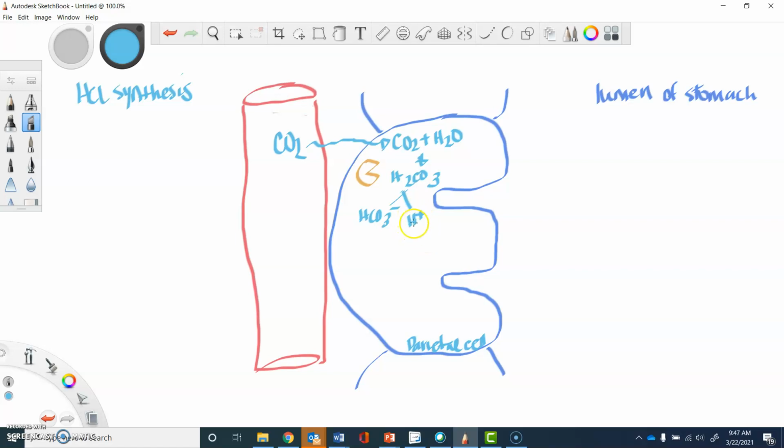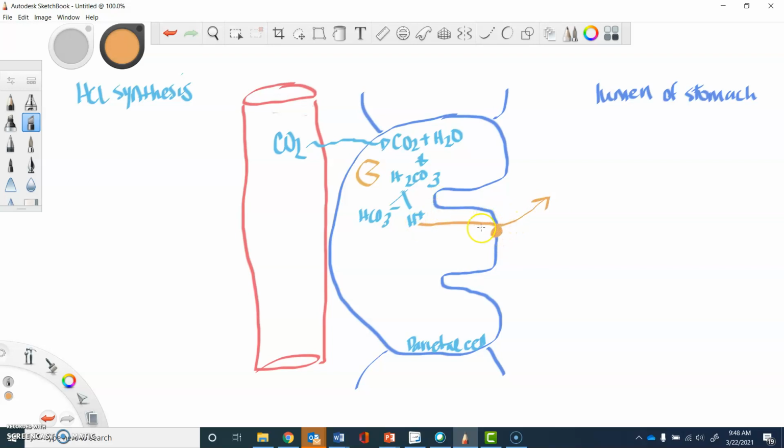Okay, so we need to get the hydrogens into the lumen of the stomach, and we have a carrier protein or a transporter here that does that, and it takes the hydrogen into the lumen of the stomach.